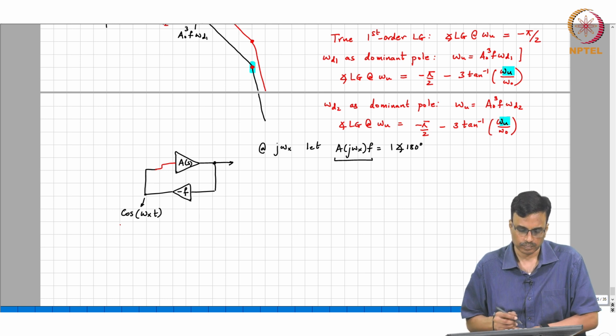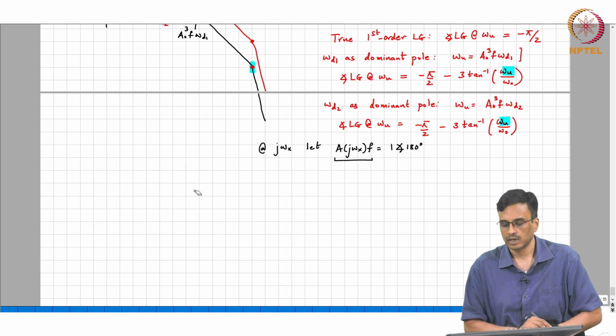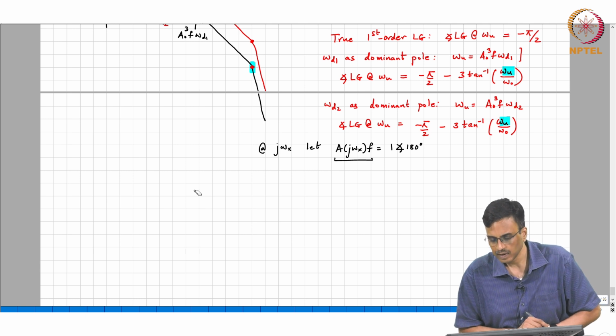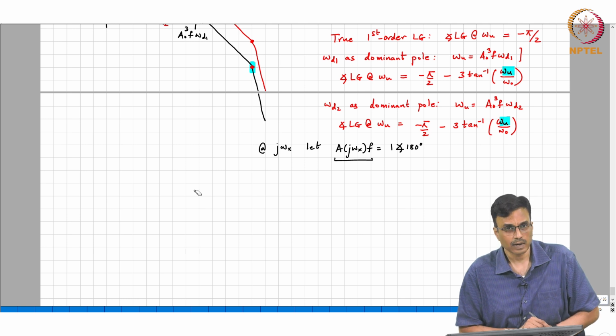All right. So the system definitely becomes unstable with the angle of loop gain being 180 degrees when the magnitude is 1, right.